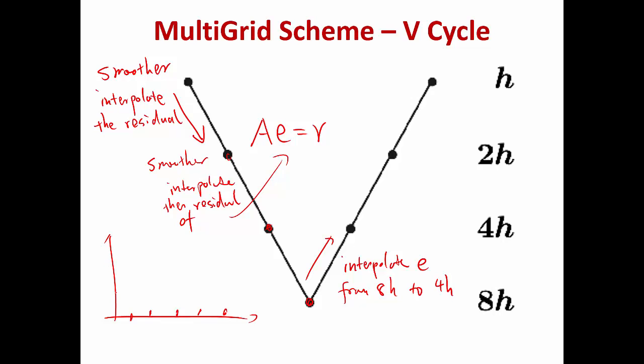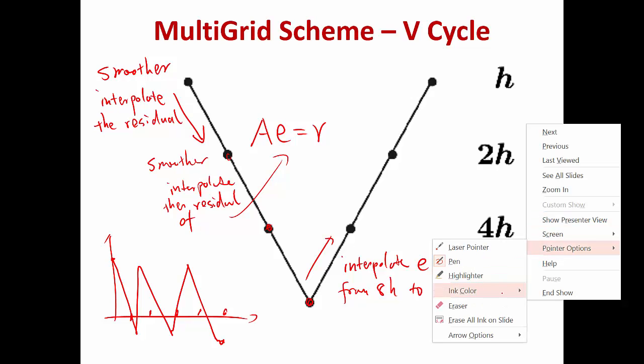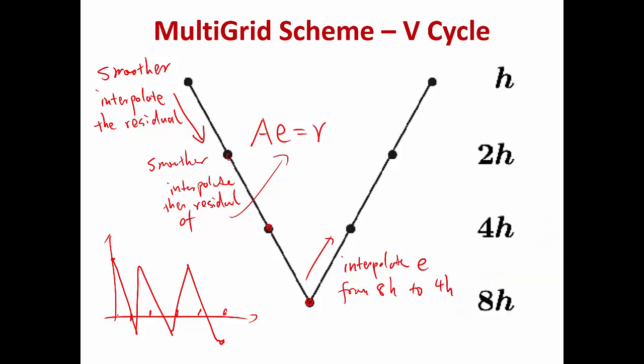So for example, if you have a solution that looks like this, can the solution be represented on a coarse grid? Let me change a color. Let's say the coarse grid is only this grid, and this grid.